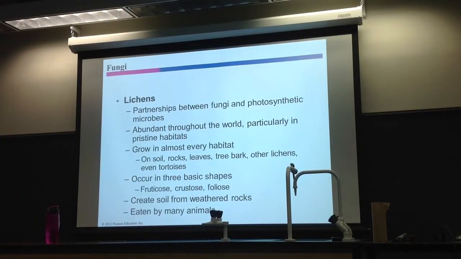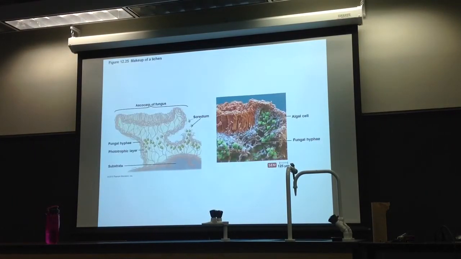Okay. All right. So here's what a lichen looks like. Here's your fungus, all the hyphal filaments. And within the hyphal filaments, you have wrapped around little either green algae or cyanobacteria. Now basically, what is this guy? It's basically how they, quote, reproduce. In other words, how do you spread lichens from one part to another part?